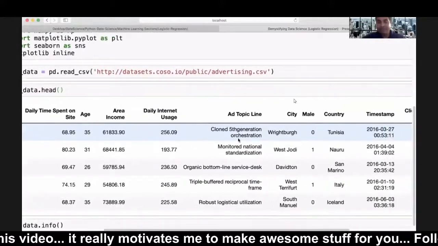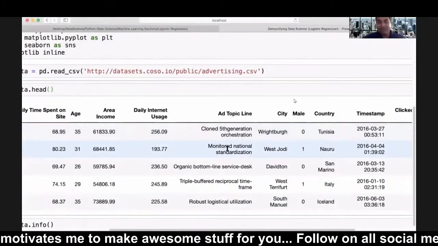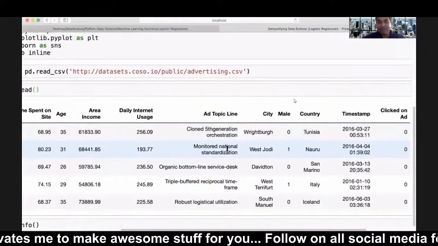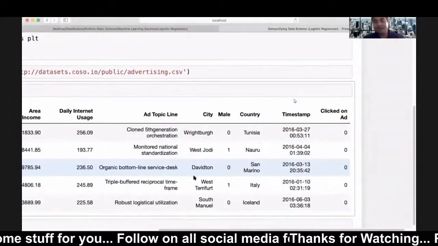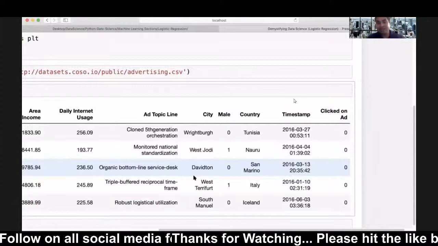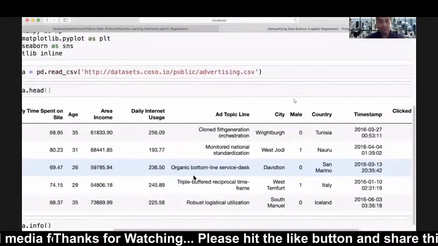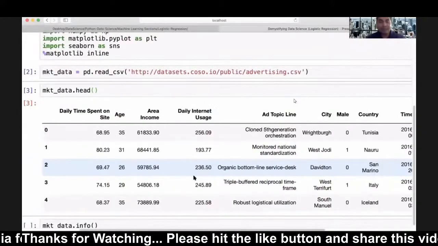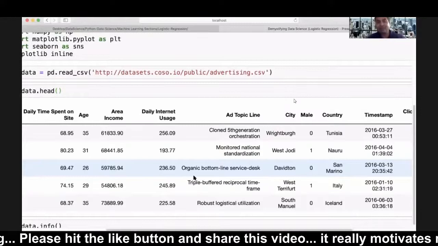We also have the city, whether the person is male or female, the country of residence, and timestamps, and whether they clicked on the ad or not. This is the statistics collected about the users.